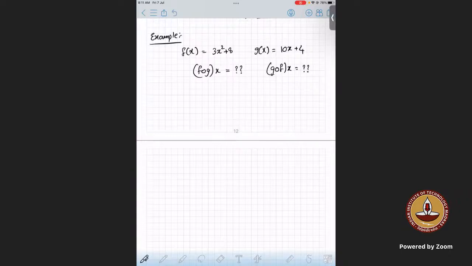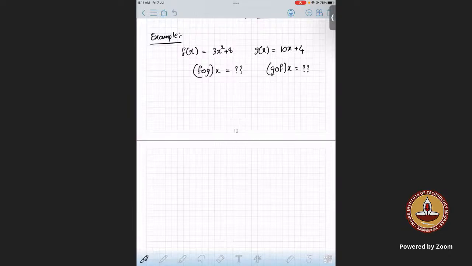Sir, f o g of x is 300x square plus 240x plus 56? And g o f is 30x square plus 84. Both are equal?